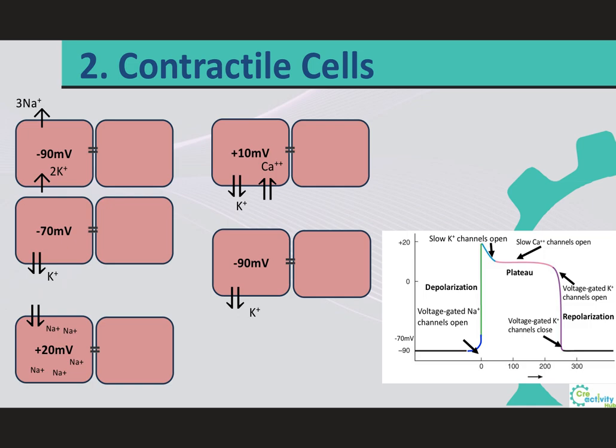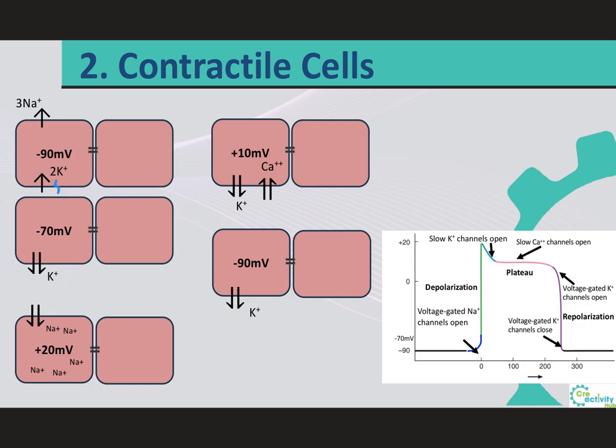So when it is not contracting, not doing its work, we say that it is at rest. And when they are at rest, we find that these sodium channels are going to be closed. With the potassium channels, most are going to be closed as well. But some do stay just a little bit open.